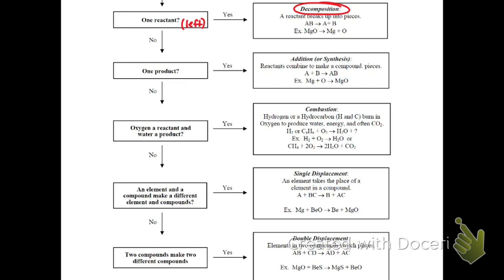Like me? Like you? Perhaps. Depends on the day, right? Well, that's more than one thing, so that is not decomposition. So one piece on the left will decompose into multiple pieces.